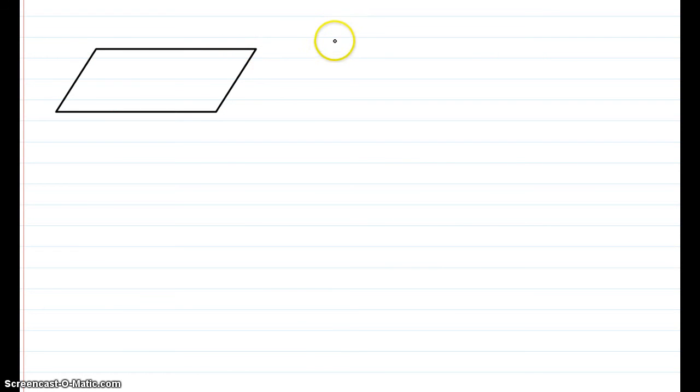Alright, the fifth thing we're going to learn about parallelograms is the diagonals. So if I draw a diagonal here, what happens with the diagonal is, since these are parallel lines, this creates a pair of alternate interior angles. And so that means that this is going to be congruent to this.